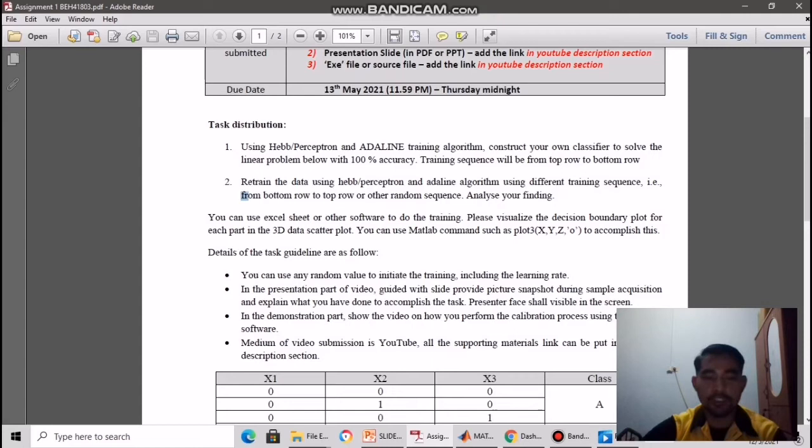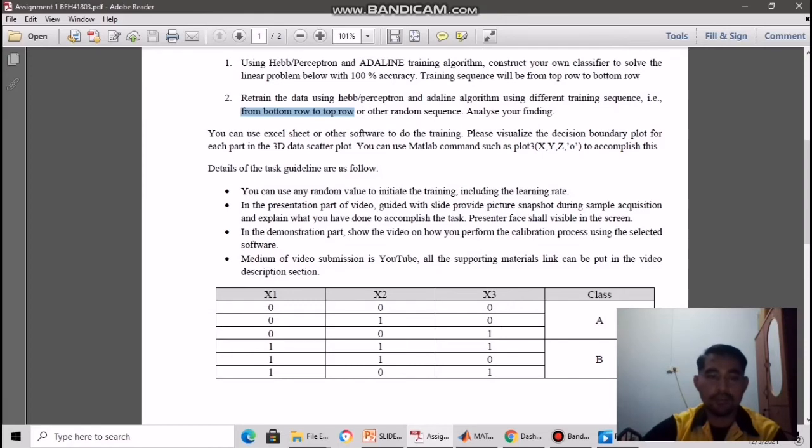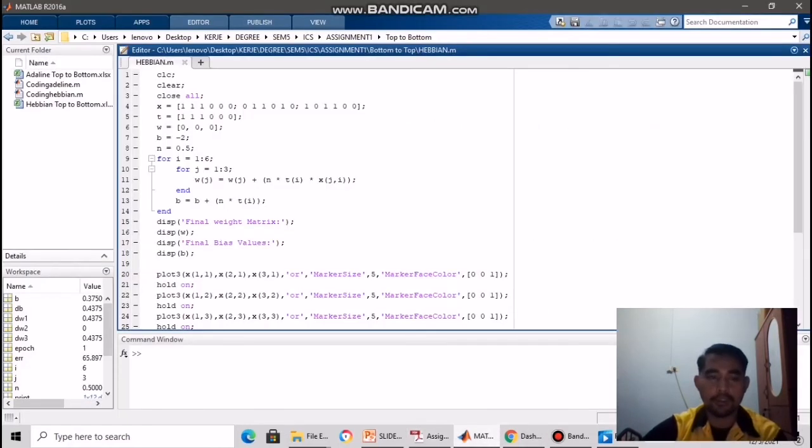So we just use this training sequence, where from bottom row to top row we can see it by this sample, where for x1 we put the bottom row to the top row.